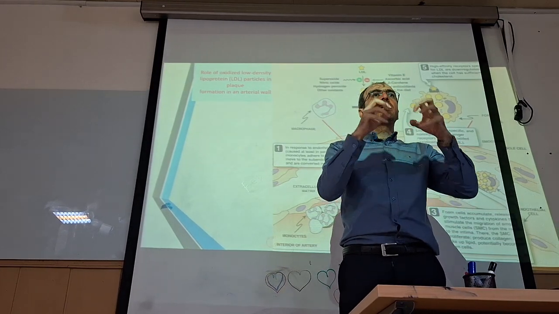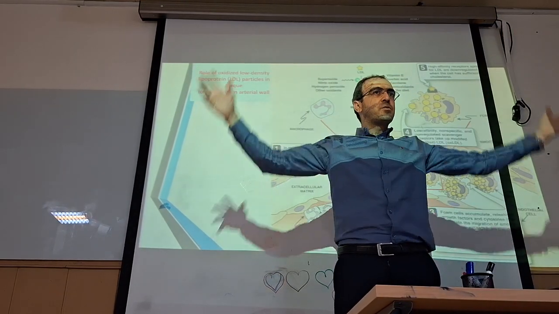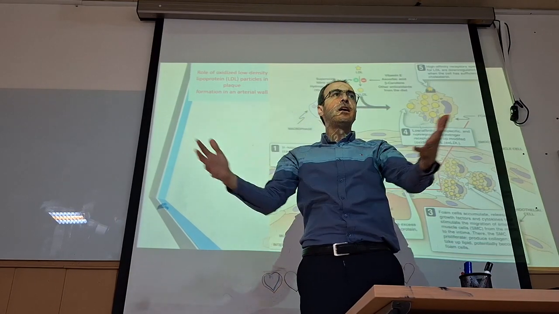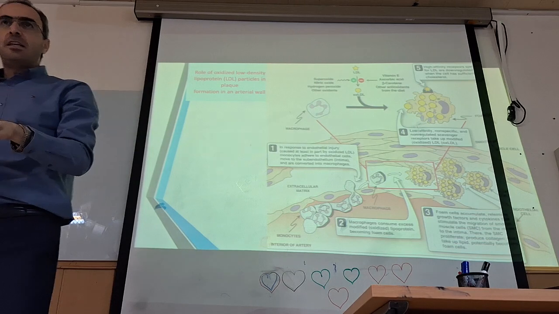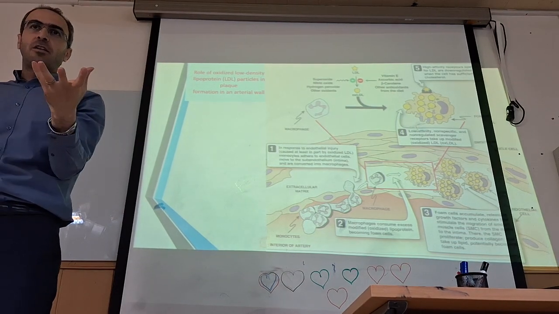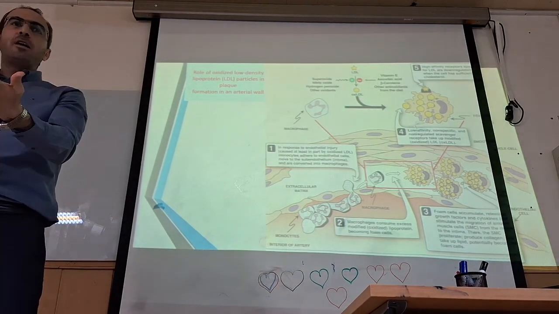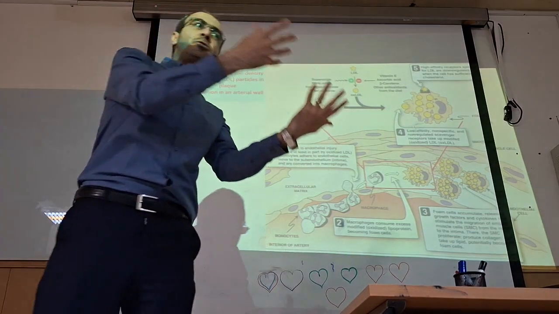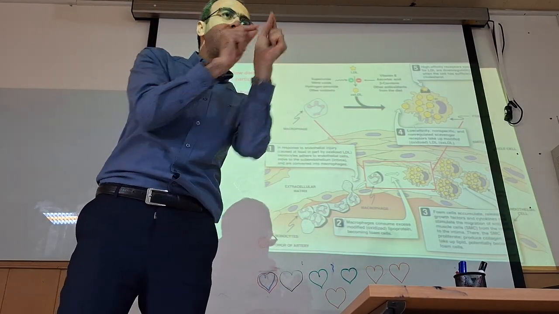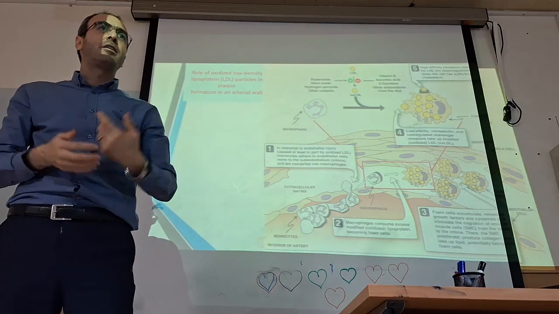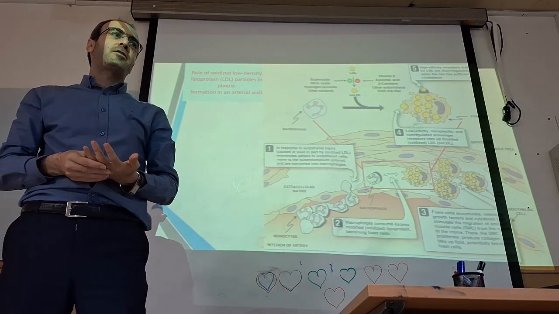These foam cells together create a plaque. This plaque may, in this position, lead to blood occlusion, or may move into the blood circulation and go to those tiny capillaries and lead to occlusion there, especially in the heart.